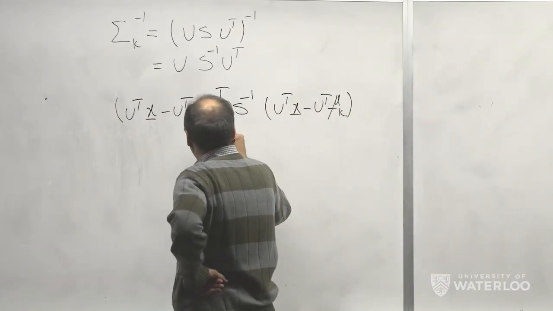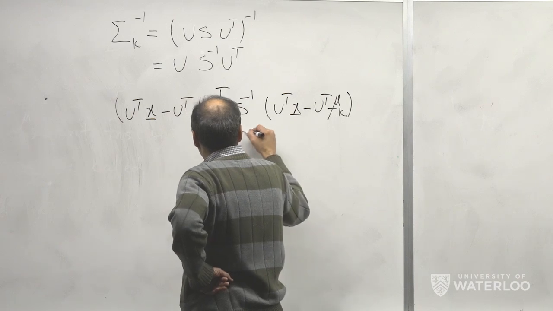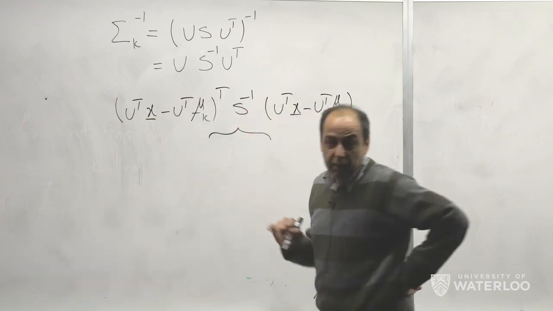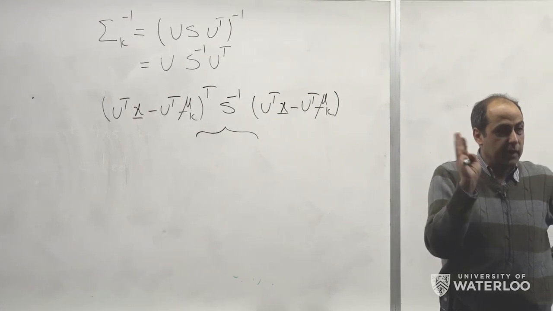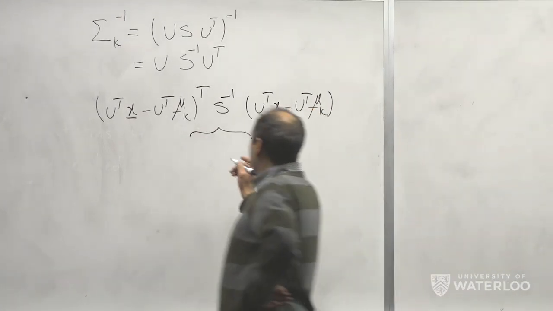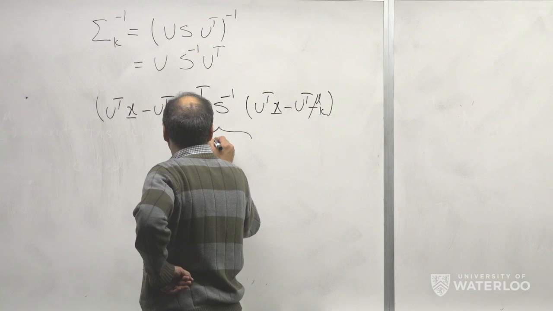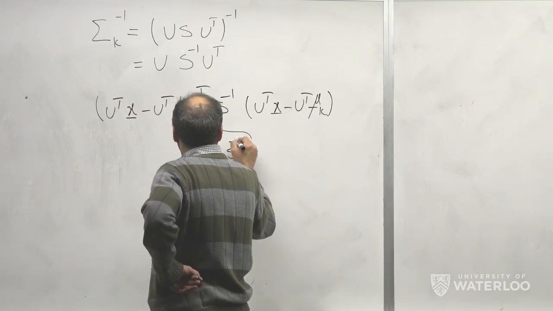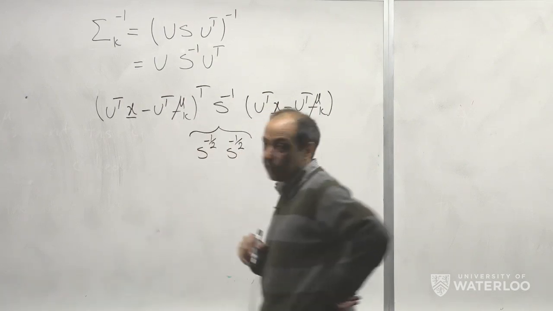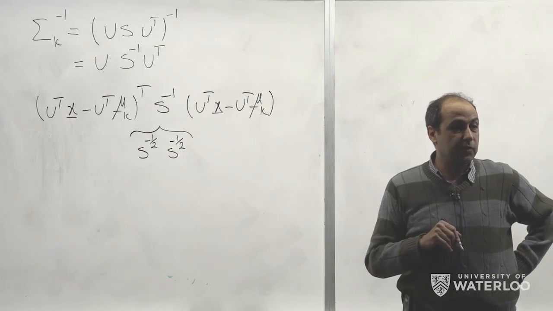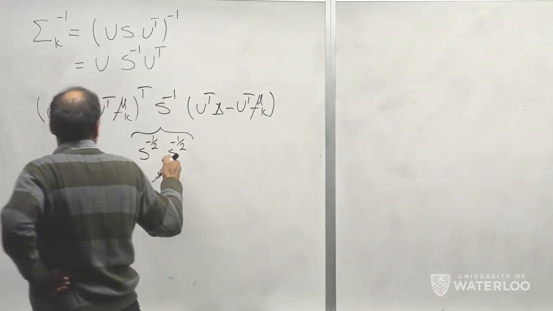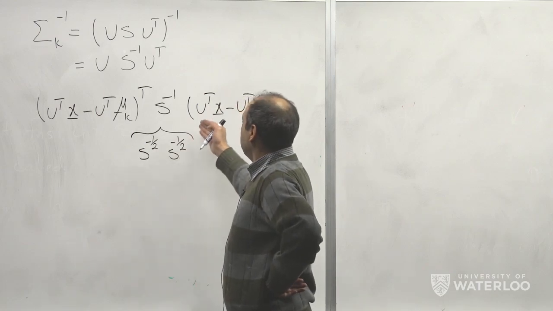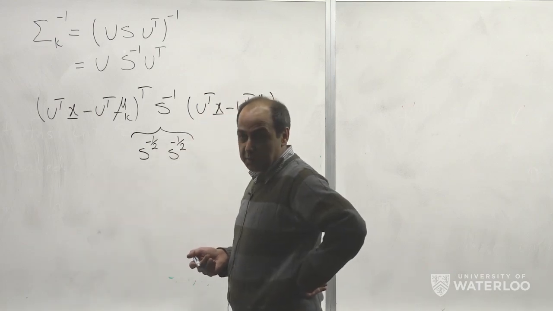Okay. Now, this is a diagonal matrix in the form of 1 over lambda 1, 1 over lambda 2, and so on. So I can write it as S to the power of minus 1/2 times S to the power of minus 1/2. And then I can take this S to the power of minus 1/2 inside of each of these brackets.